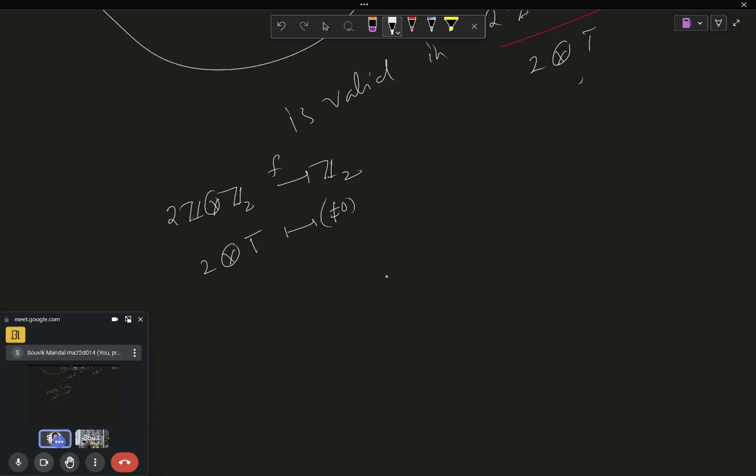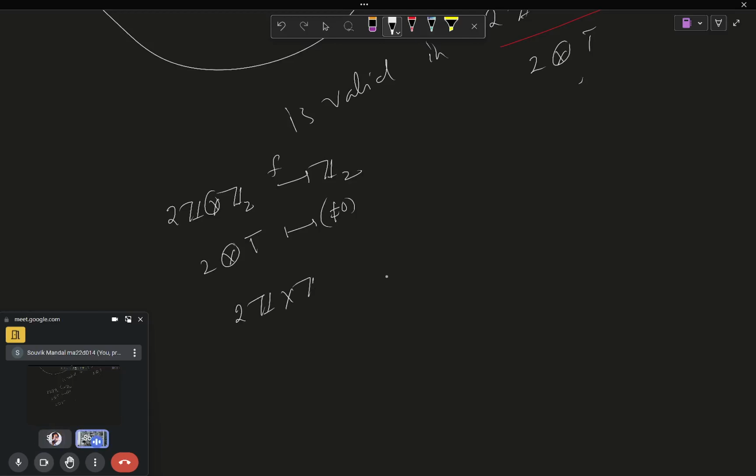We shall construct a linear map from 2Z tensor Z2 to Z2 in such a way that 2 tensor 1 bar goes to some non-zero element under this linear map. Then obviously 2 tensor 1 bar is a non-zero element in 2Z tensor Z2, right? So for that, how to do?